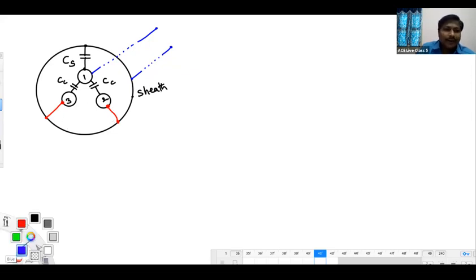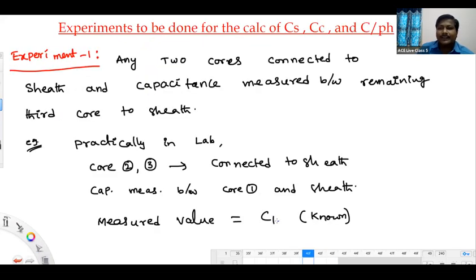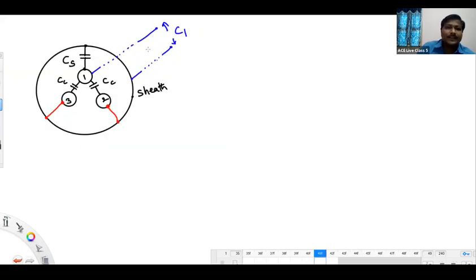Now we have to find the expression for this capacitance and make it equal to the number C1 we found earlier. I will redraw this model. Total 4 points: core 1, core 2, core 3, sheath.